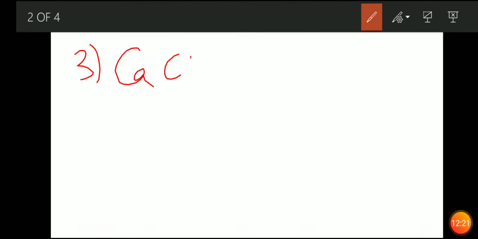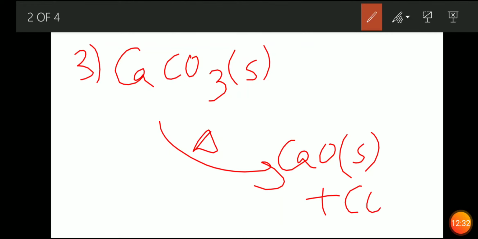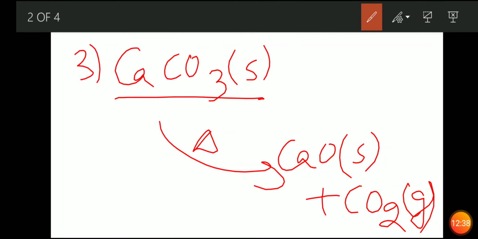Now another, third example, say CaCO3 solid will give you on heating CaO solid plus CO2 gas. Now what it's showing: calcium carbonate we are using, that is limestone, is in solid form.